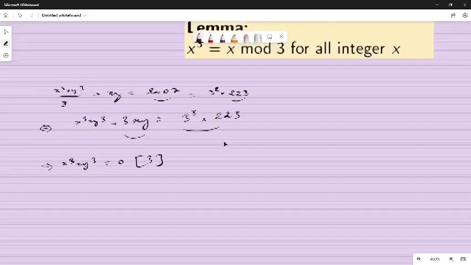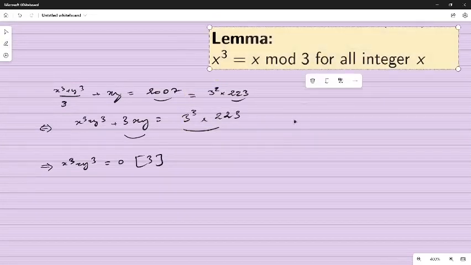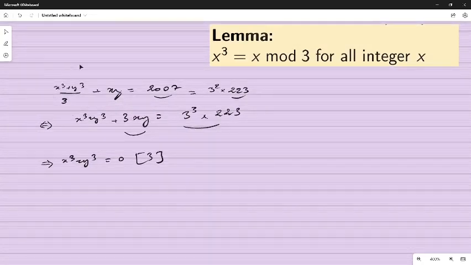we need a lemma, this lemma to prove. We can prove this lemma using Fermat's little theorem, or we can use just a factorization method. So we have here x cubed minus x, we can write it like this: x minus 1 multiplied by x multiplied by x plus 1.